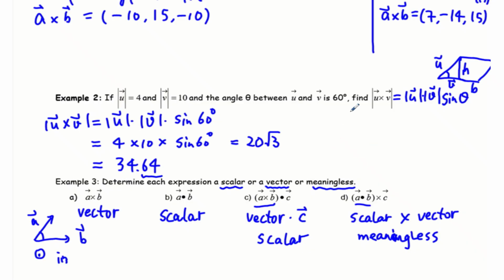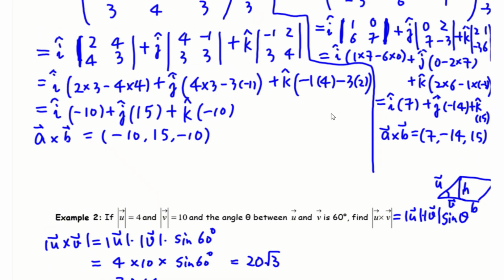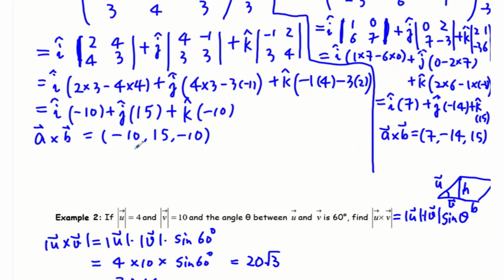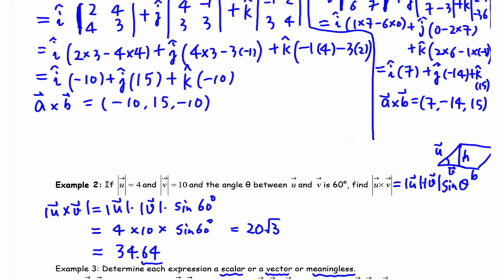And backward, if we have the a and the b, we find a cross b, then we could work from here. We didn't have such a question, but you could do it.